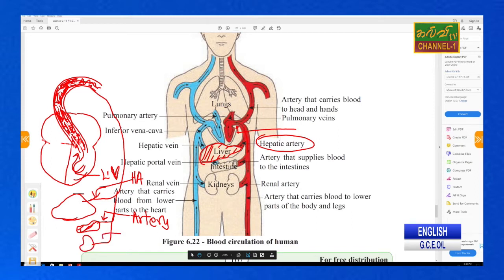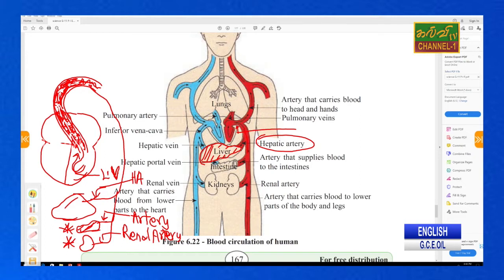That is called the renal artery. Here you can find all are arteries, right? This is the renal artery, and this is the digestive artery, which supplies oxygenated blood to the digestive system.